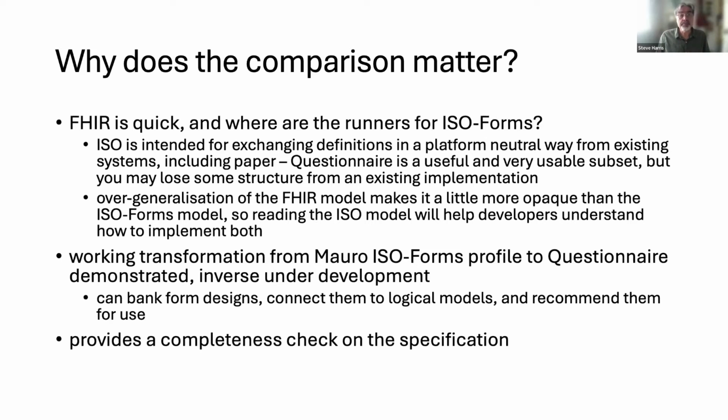So this comparison matters, at least in part because I think the ISO model talks about what a form is in an easier, more accessible way. You haven't got to try and wade through the rules and work out what you're dealing with. You know that, well, there's a thing called a section, for instance.